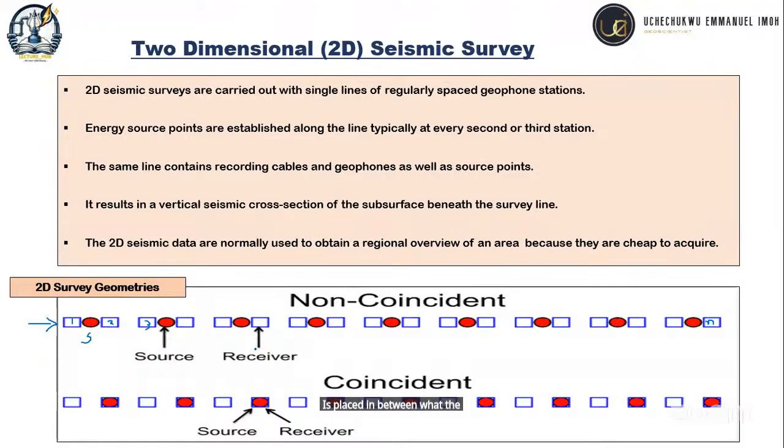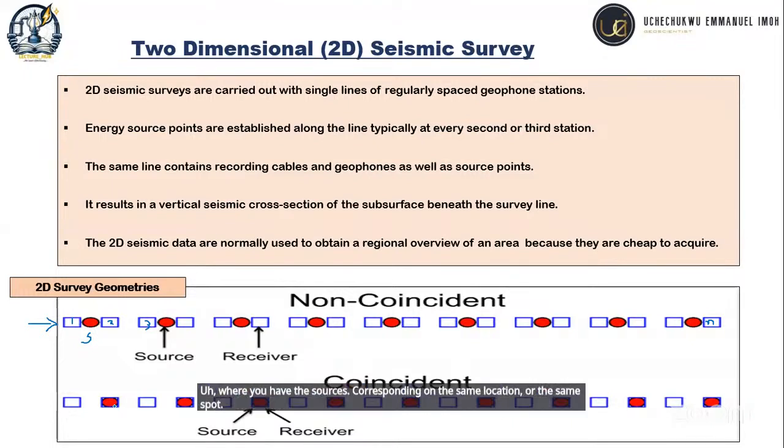This is called the non-coincident geometry design for 2D acquisition. Another one is the coincident geometry type, where you have the sources at the same location or the same spot as your receivers.